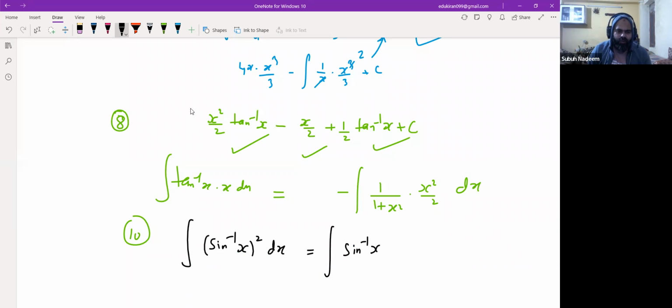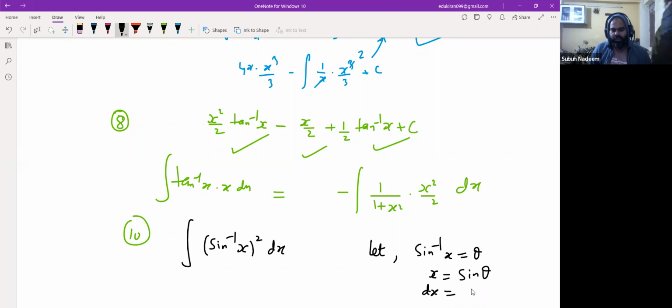What you do first is do one thing. Let sine inverse x be equal to theta. That is, x is equal to sine theta, dx is equal to cos theta d theta.